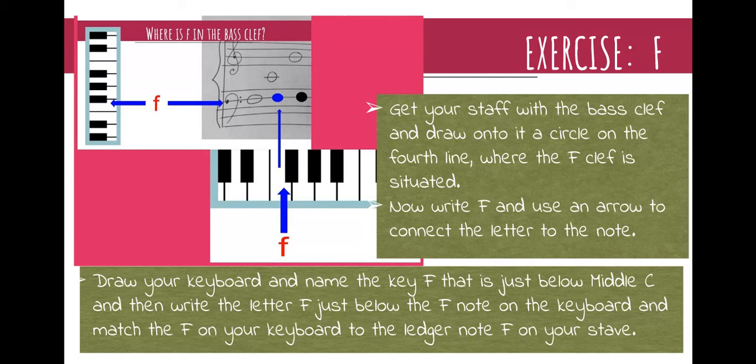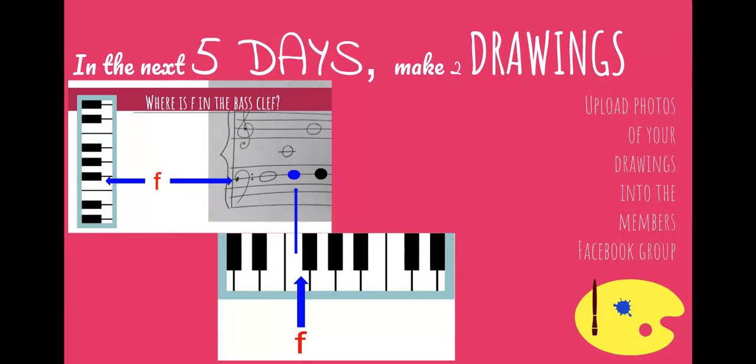And then I'd like you also to draw your own keyboard. Do you remember the set of 2 keys and the set of 3 keys? And draw a circle on there, label it F, then draw a line connecting the keyboard to the staff. And be sure to take a photo of the work that you've done and upload it to the Facebook group, please.